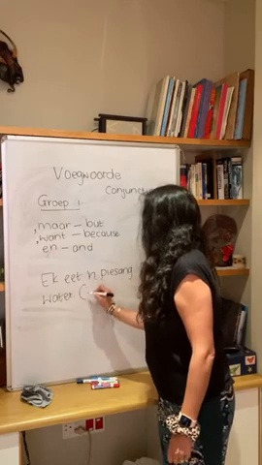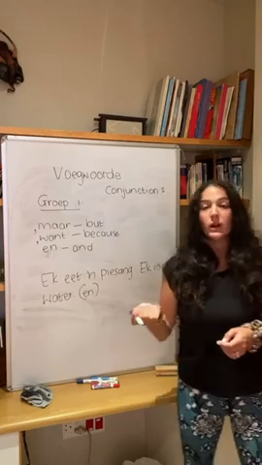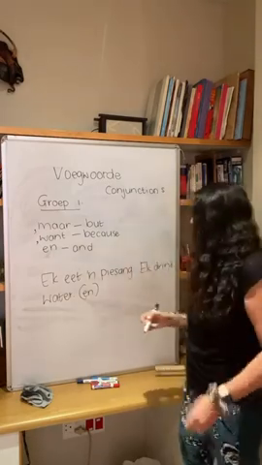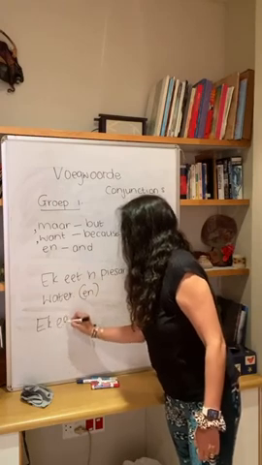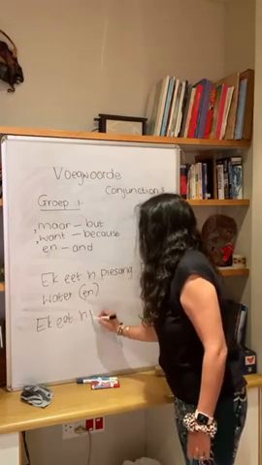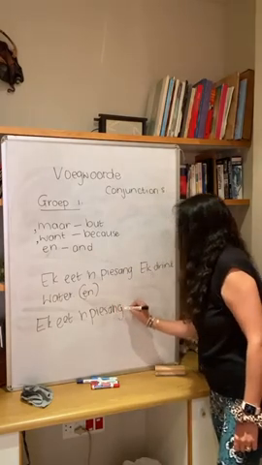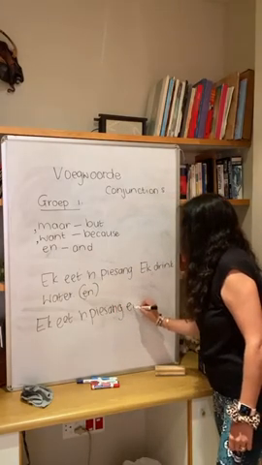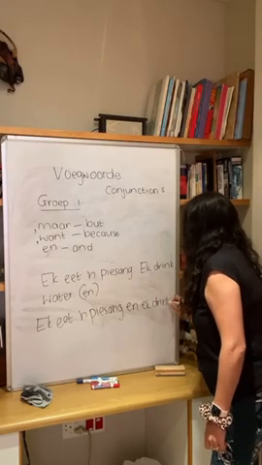Okay, so now we're going to join these two sentences with our voegwoord or our conjunction en. Okay, so ek eet 'n pizza. No comma before your en. En ek drink water.